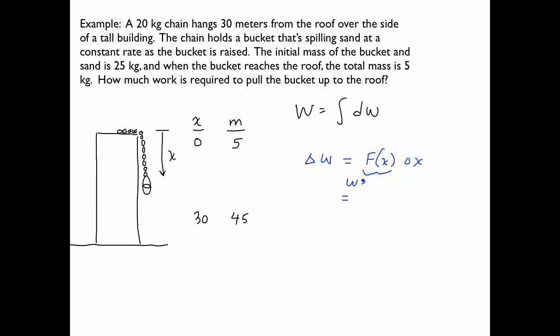This is the weight of everything when x meters remains. How are we going to get that? We want the weight, f of x, the force when x meters remains, is the weight when x remains. So how are we going to get that?